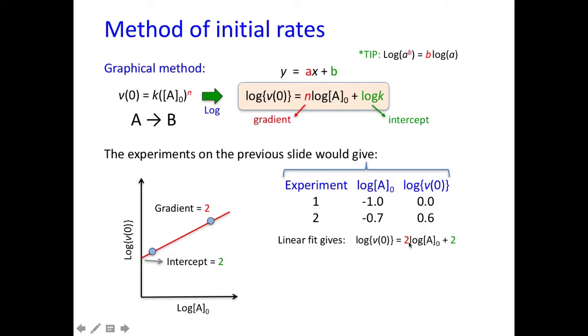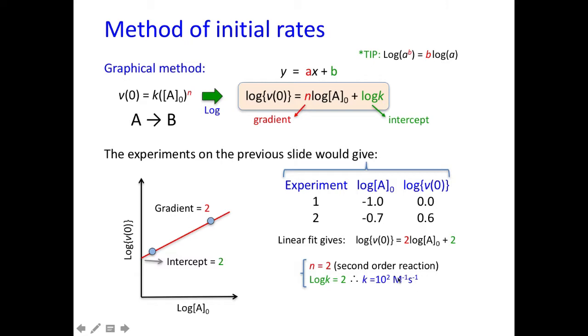Now we can clearly see that the slope, or the gradient, is 2, which means our exponent n is 2. And the intercept, which is log of k, is equal to 2. So n equal to 2 means a second order reaction, and log of k equal to 2 means k is 10 to the power of 2 molar minus 1, second minus 1.